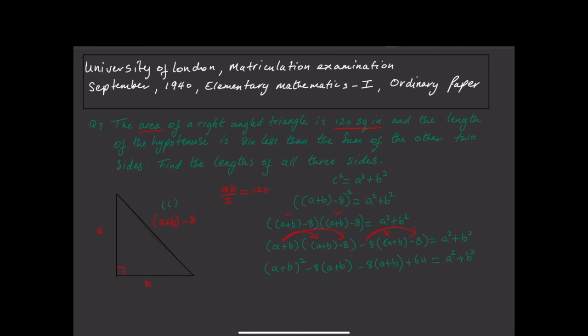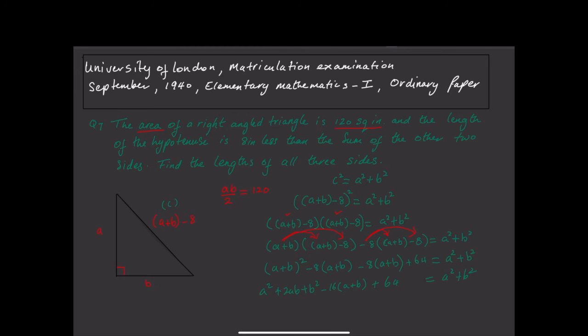So I expand, so I know this is going to be A squared plus 2AB plus B squared, and I'm going to have minus 8 minus 8, so I'm going to write minus 16 times A plus B, plus 64 equals to A squared plus B squared.